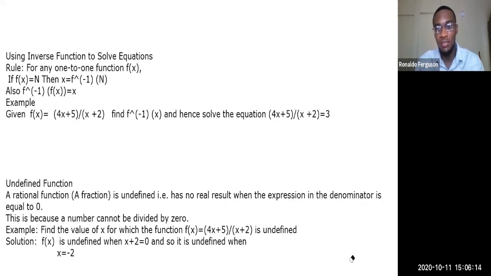The question that they gave us, they told us that f of x is 4x plus 5 over x plus 2. That is f of x.